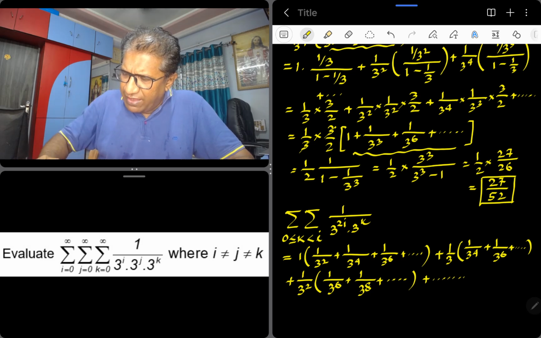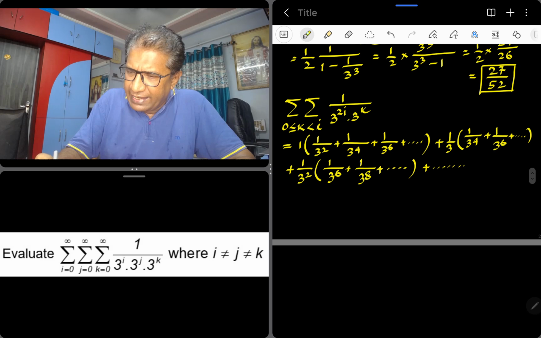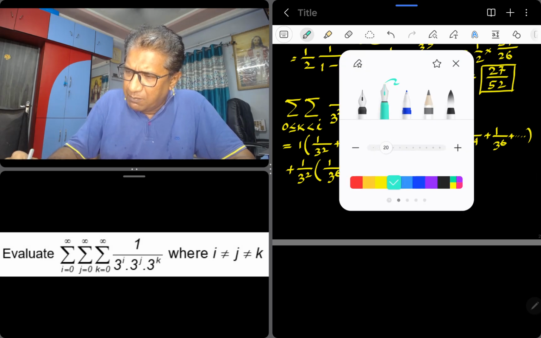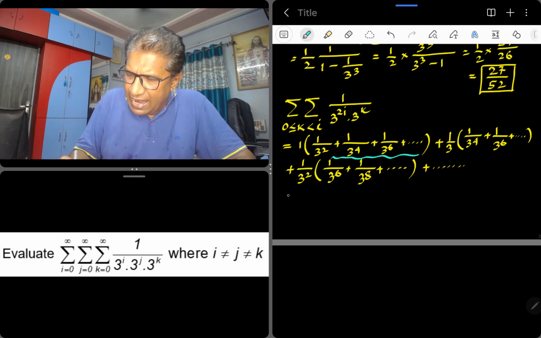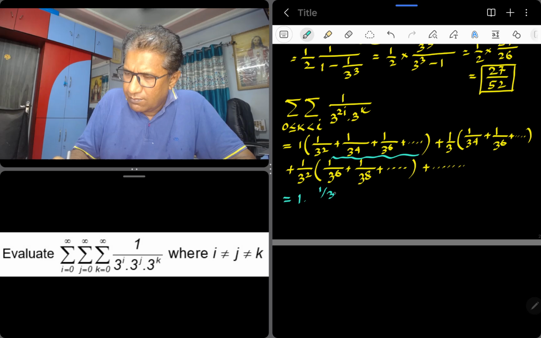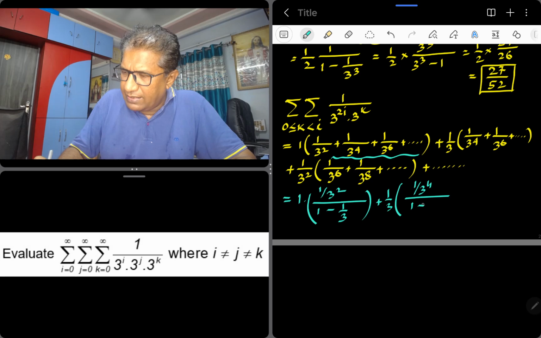So again we are having all the terms in the given bracket in GP, infinite GP. So I will apply the summation formula. It gives us a divided by 1 minus r. r is here 1 over 3 square, right?